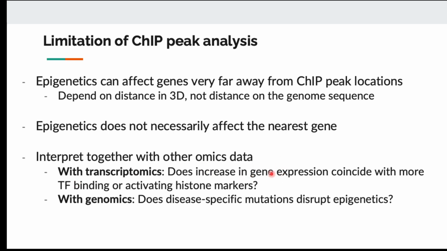So if we want to regulate this gene, we might want to replace or activate the transcription factor, or we might need to modify the histone modification. When we see mutation from genome sequencing data, we might want to know if the mutation disrupts the epigenetic signal. If it occurs in the transcription factor binding site, does it affect the actual binding?